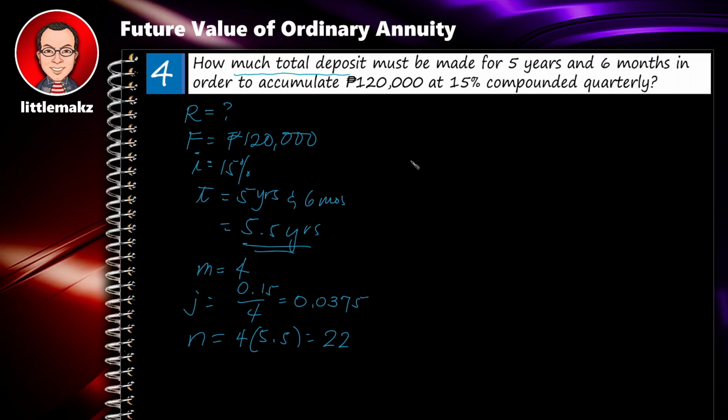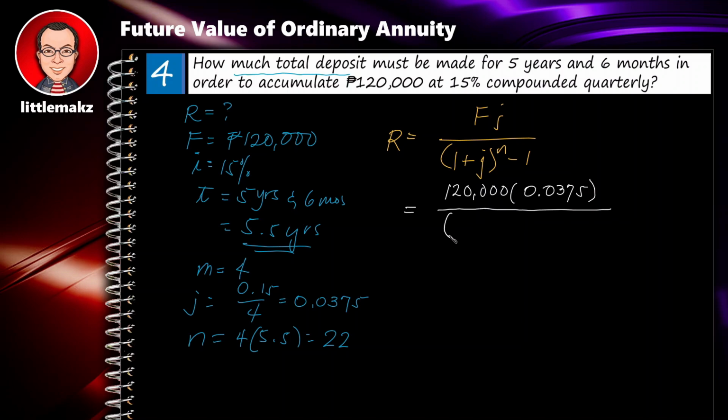We will now substitute all this given to our formula. We use the same formula that we have used earlier in our third example. We have R is equal to F times J divided by 1 plus J raised to the n minus 1. And we have our F is equal to 120,000 to be multiplied by our J, which is 0.0375.